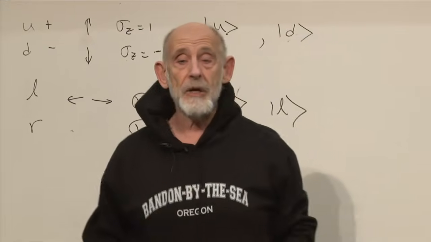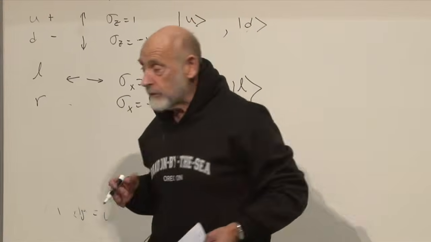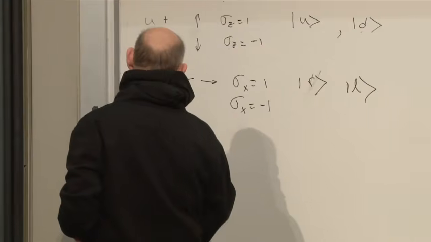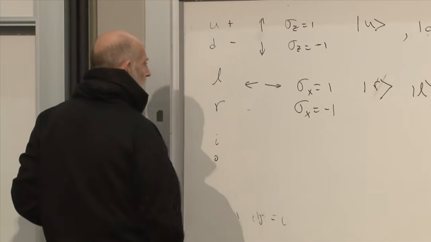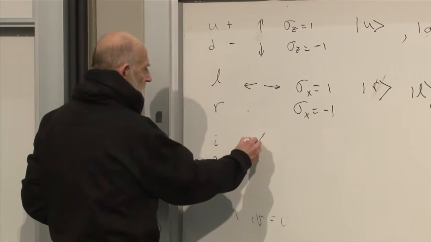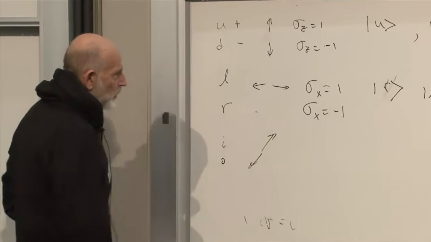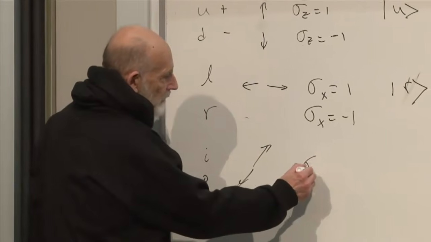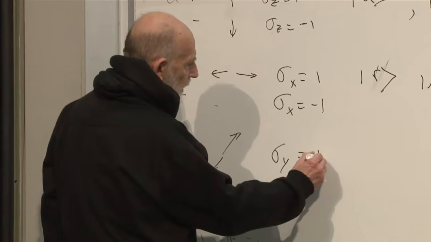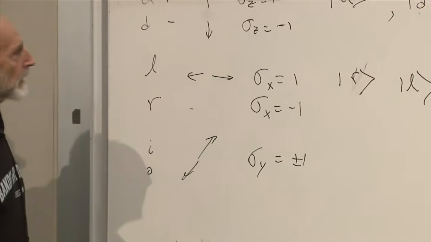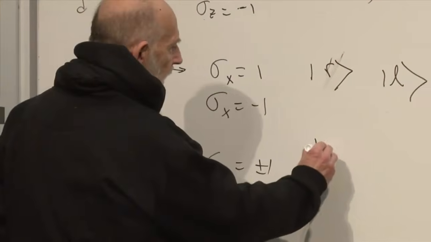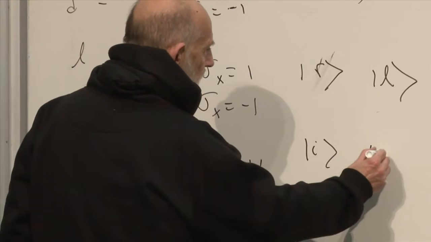I think we call those in and out, into the blackboard and out of the blackboard. And so there's in and out. Into the blackboard and out of the blackboard, and they correspond to sigma y equals plus or minus 1. We could label them in and out.